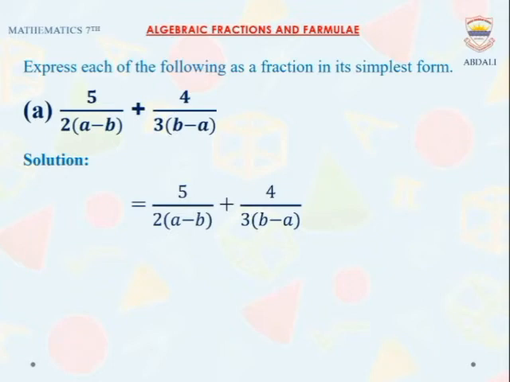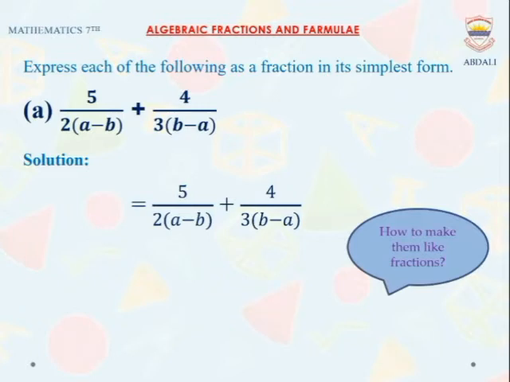So here is our question: how to make these fractions like fractions? Class, to make these fractions like fractions, we have to take a common factor in the second fraction. In the first fraction we have a minus b and in the second fraction we have b minus a. So we will change it like the first fraction.